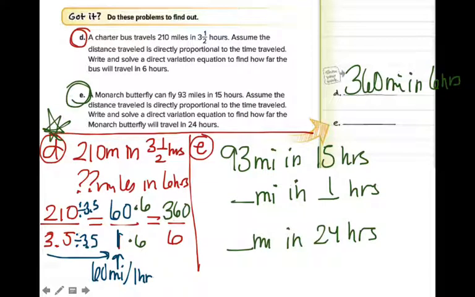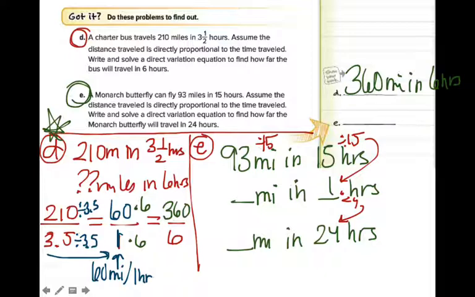Okay, again, just like the last problem, we can go through and do a progression of equivalency. So I could say, well, if I divide 15 by 15, that gets me 1. 1 times 24 gets me 24. If I do that same problem, remember, it's like a fraction. If you divide the numerator by 2, you divide the denominator by 2. If you divide the left side by 2, you divide the right side by 2. Same type of thing. If I divide 15 by 15, I have to divide 93 by 15.